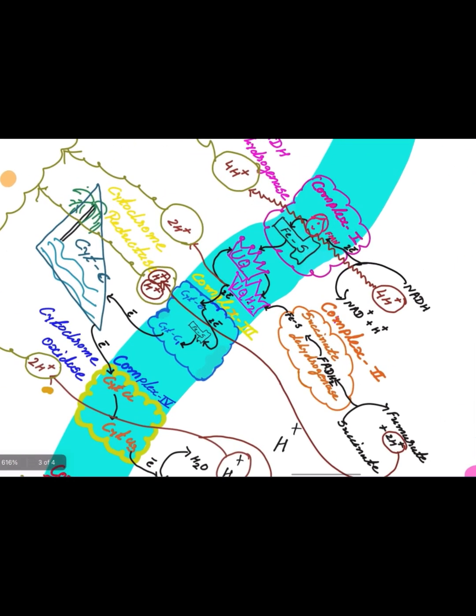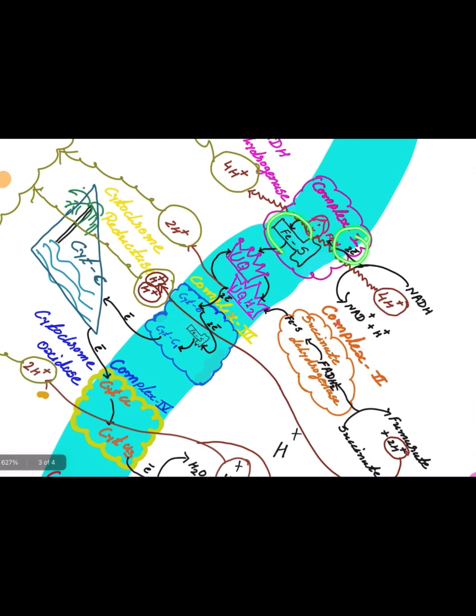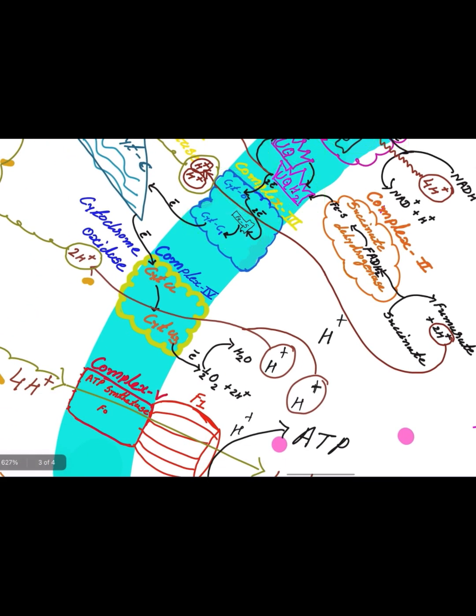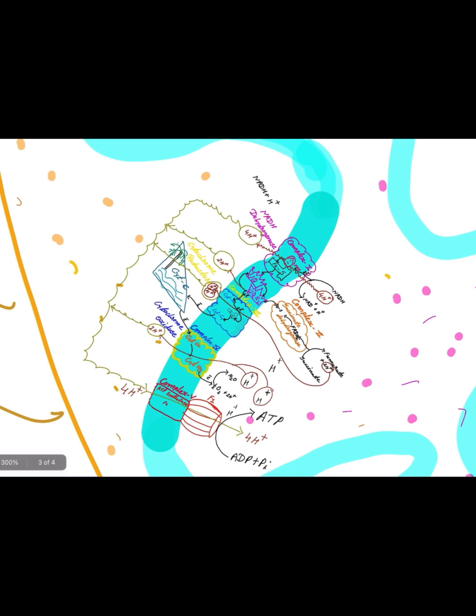So here we understood that the high energy molecules FADH2 and NADH transfer hydrogen ions. Meanwhile, they also transfer the electrons from one electron carrier to another. They carry out the oxidation reduction reactions, and ultimately the electrons are accepted by O2 and a water molecule is generated, and hydrogen moves from the matrix to the intermembrane space.